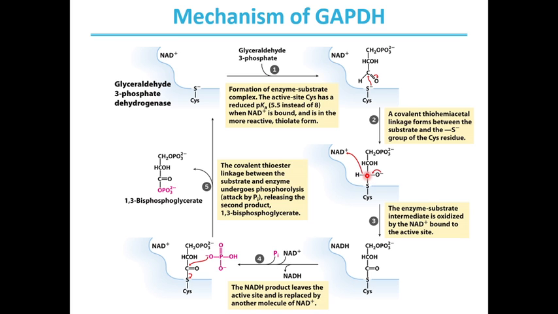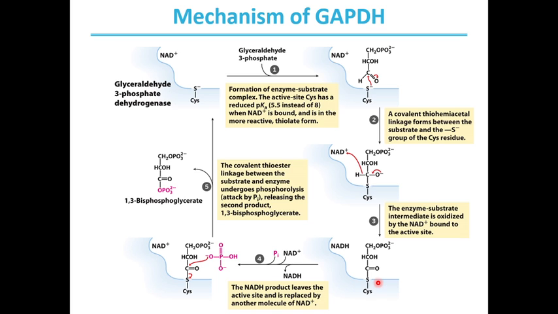Now, as you can see, H is lost as a hydride. It's not a proton, it's a hydride. So it's an H- that is getting lost. At the same time, an electron pair is being transferred to NAD+, and as a result, NAD+ becomes NADH. This results in the formation of an enzyme substrate intermediate, and this is a thioacyl intermediate.